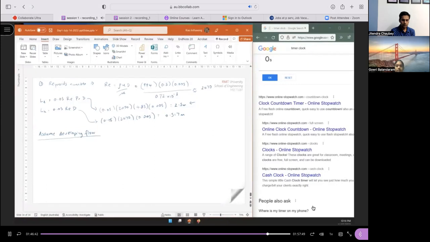If we assume it's a developing flow, then the Nusselt number is quite lengthy.